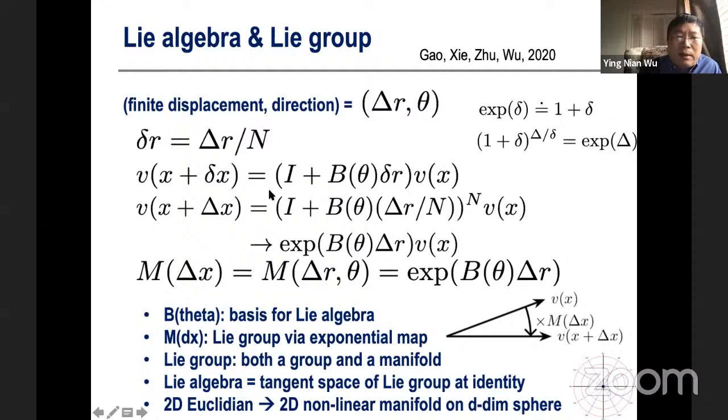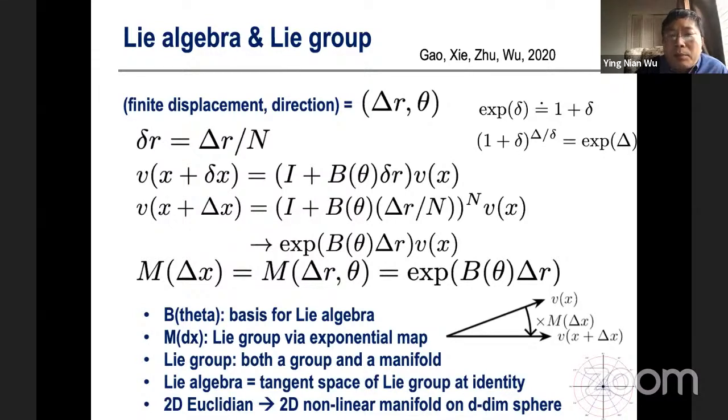So here, in particular, this structure is a so-called Lie algebra, and this structure is a Lie group. So the Lie group is really just an exponential mapping, the exponential of the Lie algebra. And a Lie group is both a group and also a manifold.